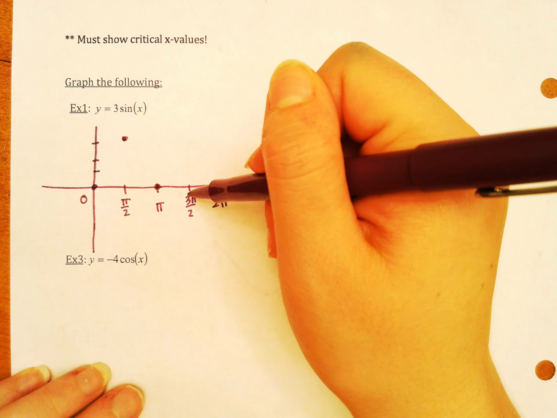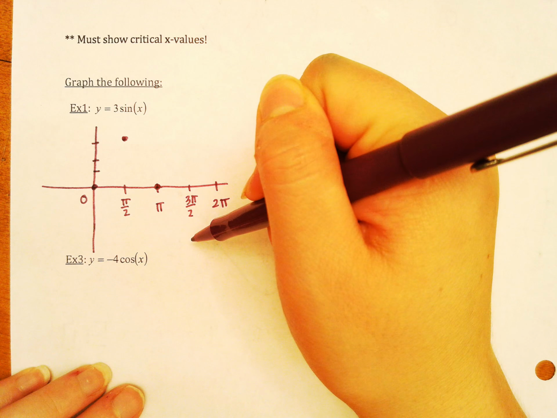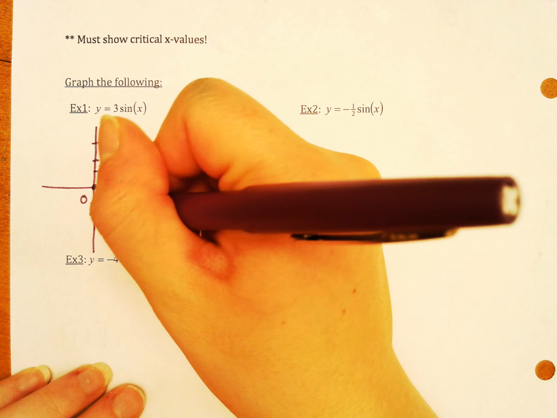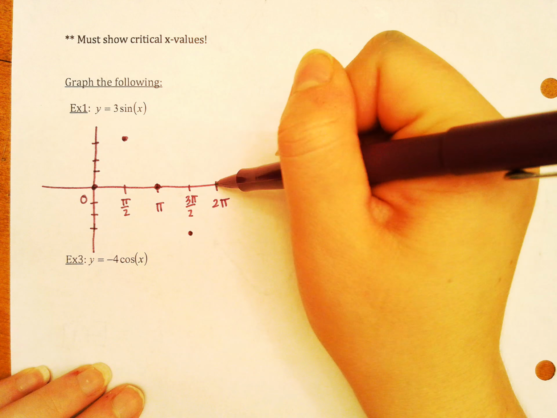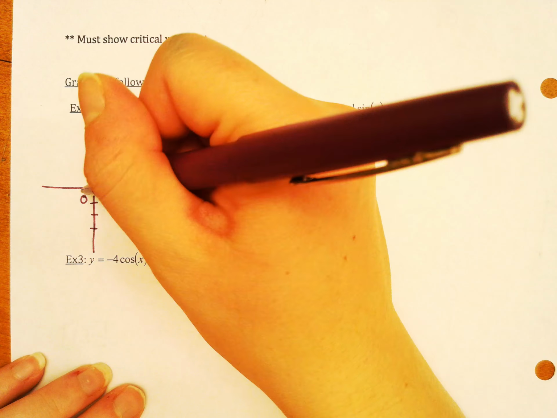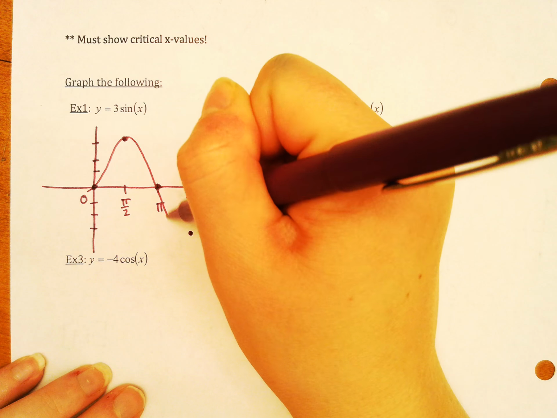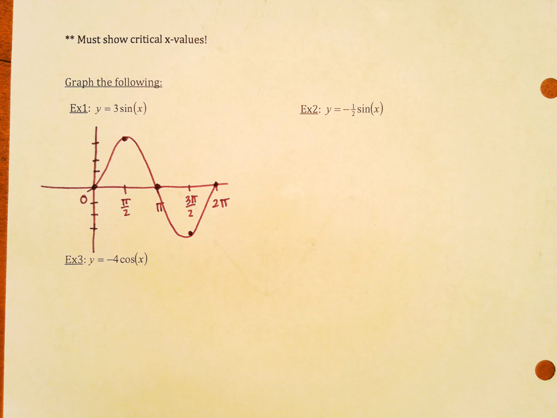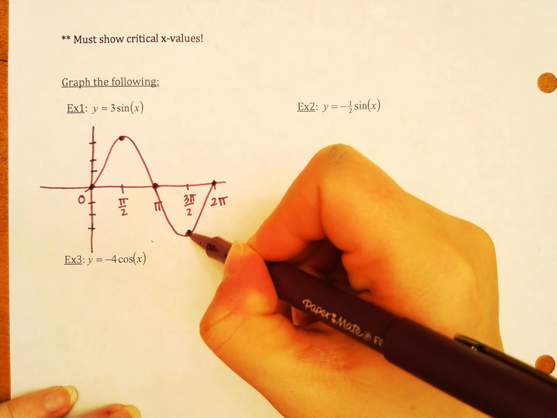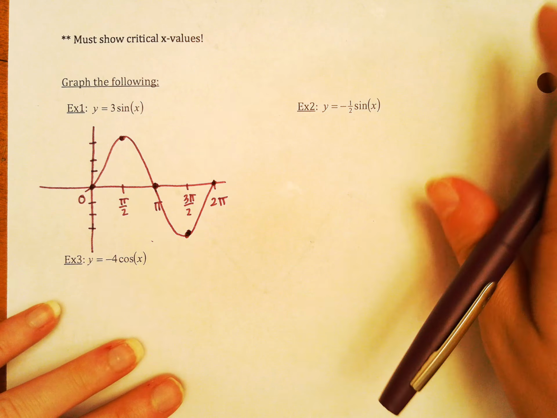At 3 pi over 2, I'm going down, so I'm at negative 1, but then I multiply by 3, so I'm down here at negative 3. And then at 2 pi, I'm back to 0. So altogether, there's my 3 sine x function. Kind of missed my 0 here, or minimum.